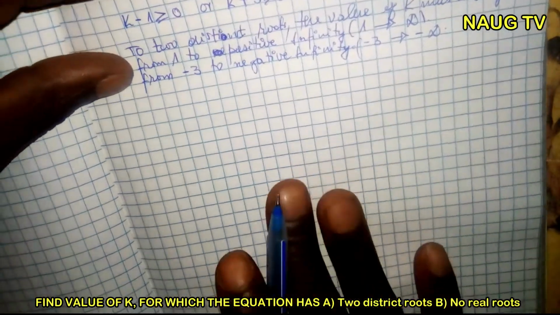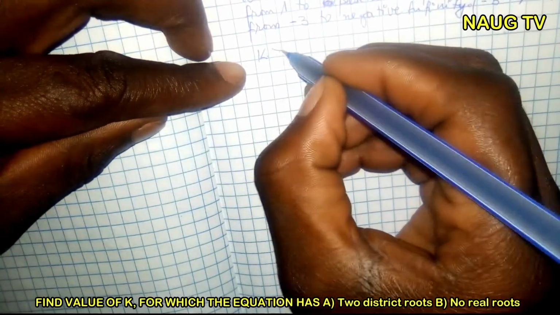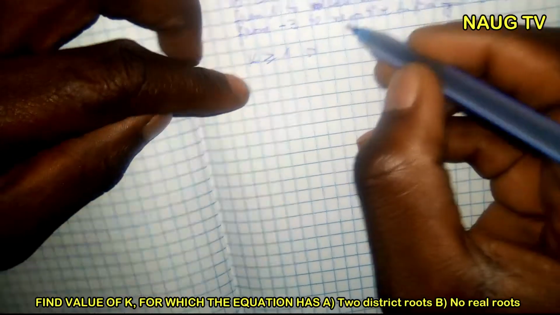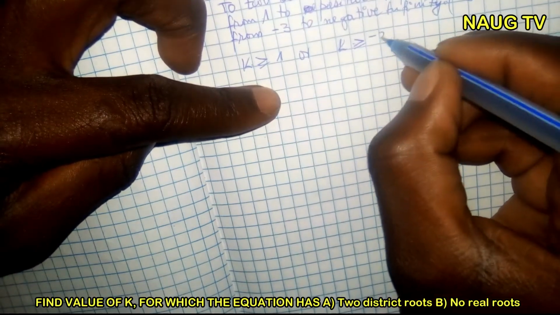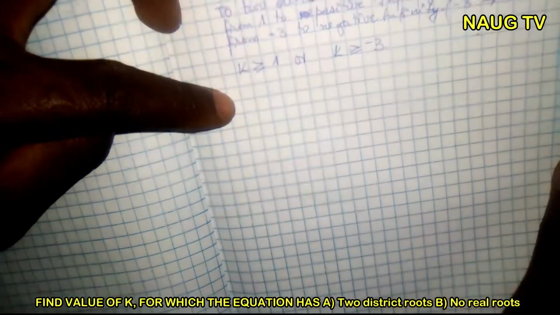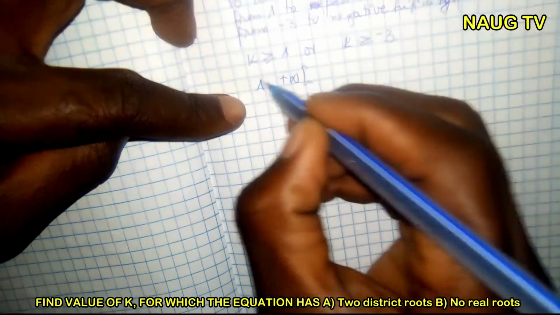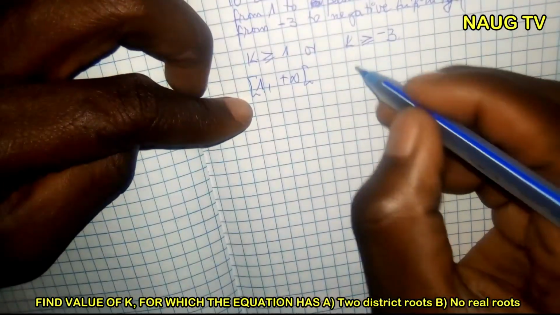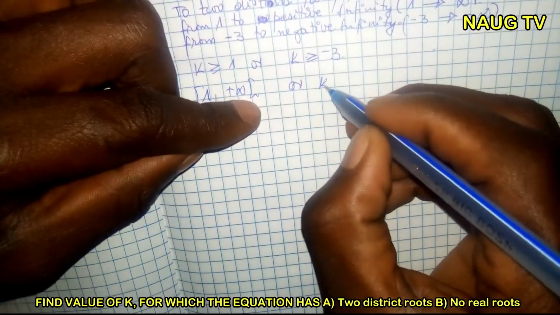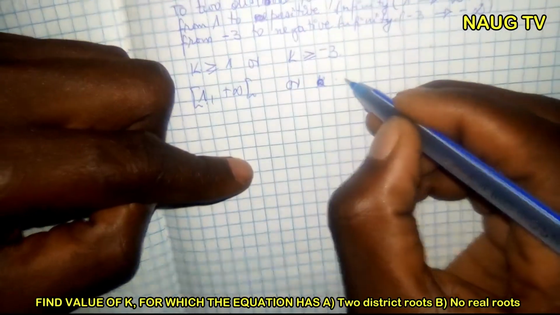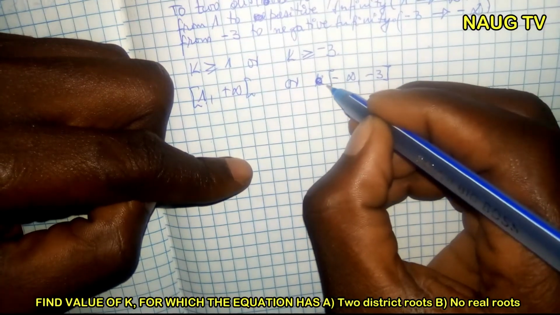So mathematically, this can be written as k greater than or equal to 1 or k less than or equal to negative 3, which is 1 included, or negative infinity and negative 3, which is also included.